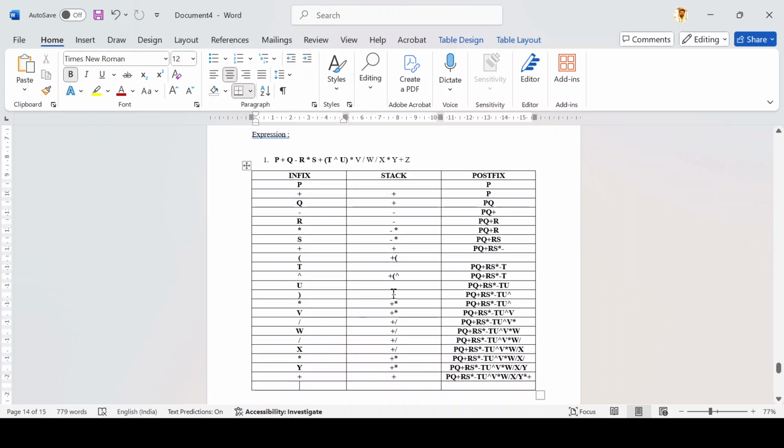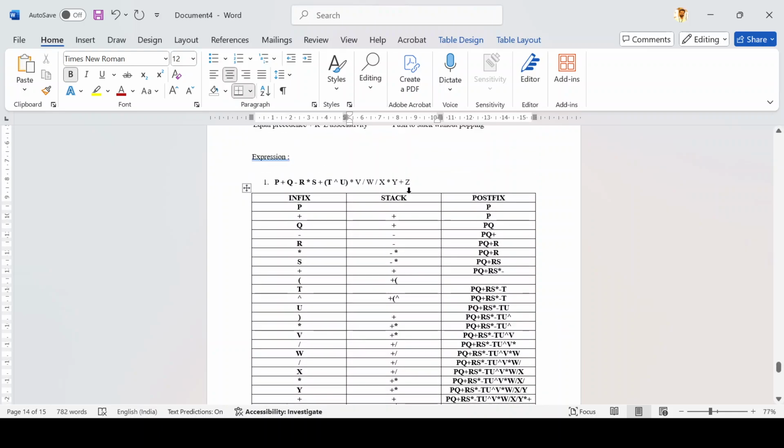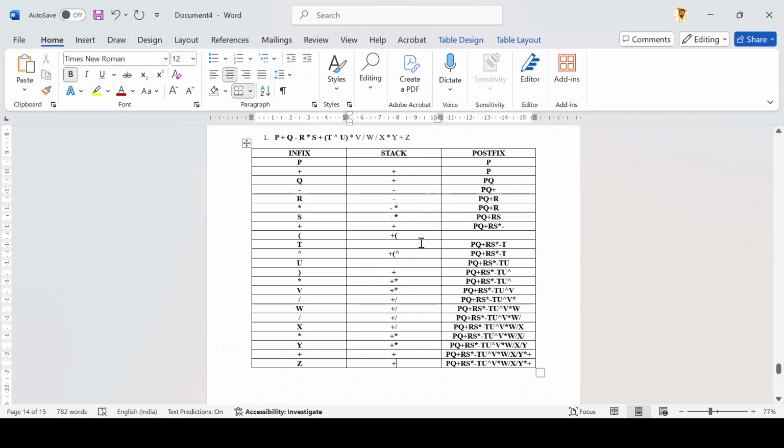Then we have a Z. Z goes to the final expression. Then only one thing remains in the stack, that is the plus, because the expression is over. Once the expression is over, whatever is left in the stack can be popped to the output side.